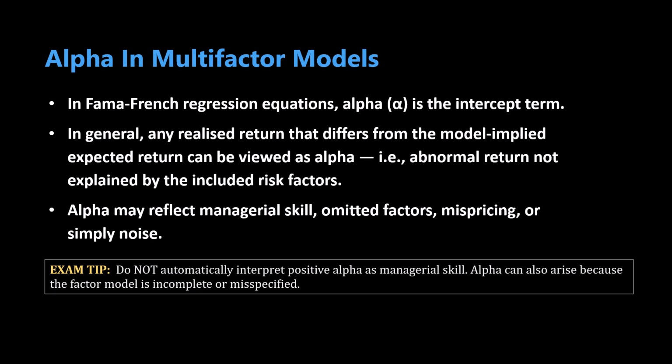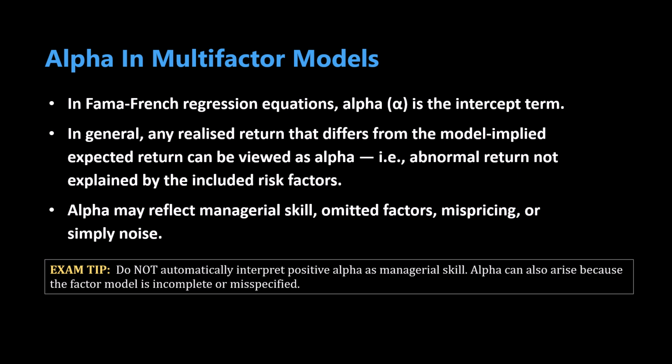Now let's discuss alpha. In the Fama-French regression, alpha is the intercept term. More generally, alpha refers to return that is not explained by the factor model. If realized return exceeds what the model predicts, the difference may be called positive alpha. If realized return falls short of the model implied benchmark, that may be called negative alpha.